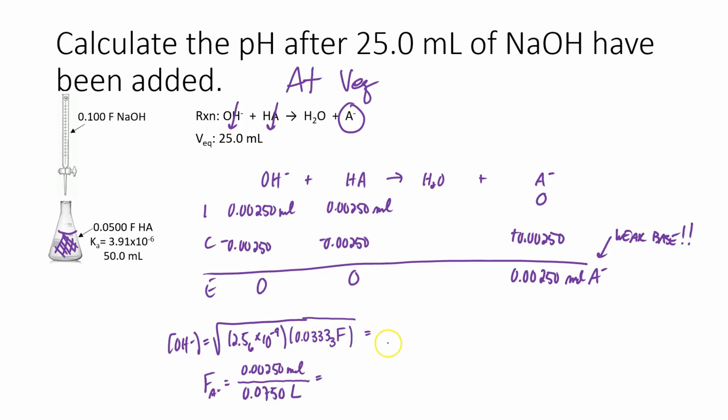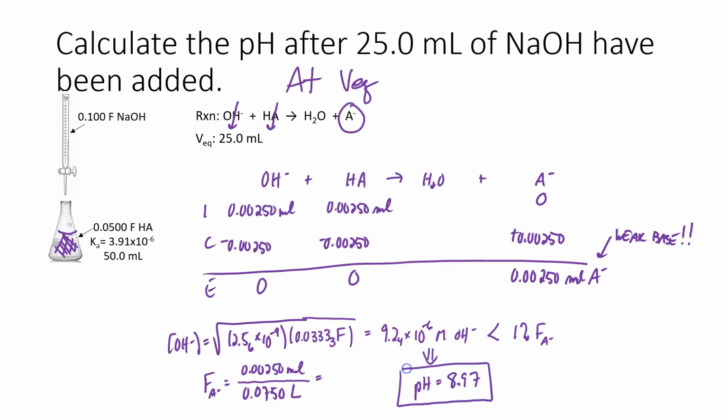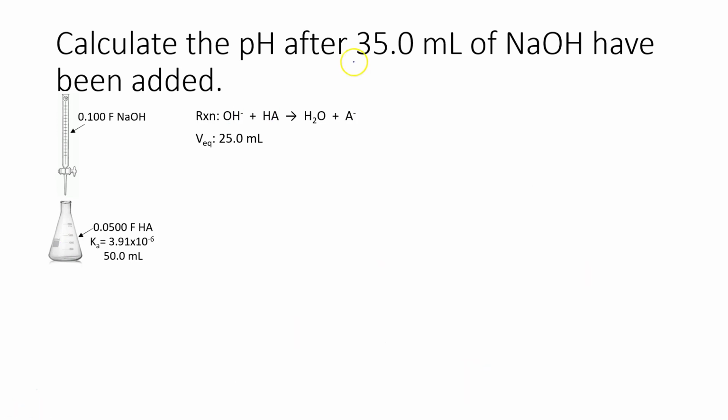And that gave an OH concentration of 9.24 times 10 to the negative 6 molar OH, and that is less than 1% of the formal concentration of A minus. So I got a pH from this OH concentration of 8.97, and again, I'm glad to see that the pH keeps on going up. Let's try one more place in the titration curve, and that'll be beyond the equivalence volume.